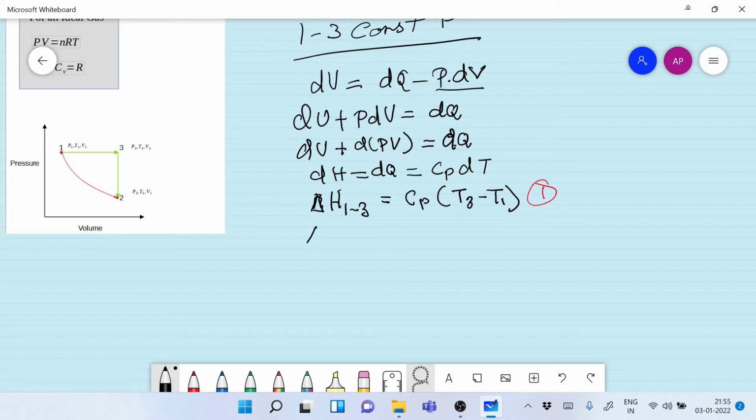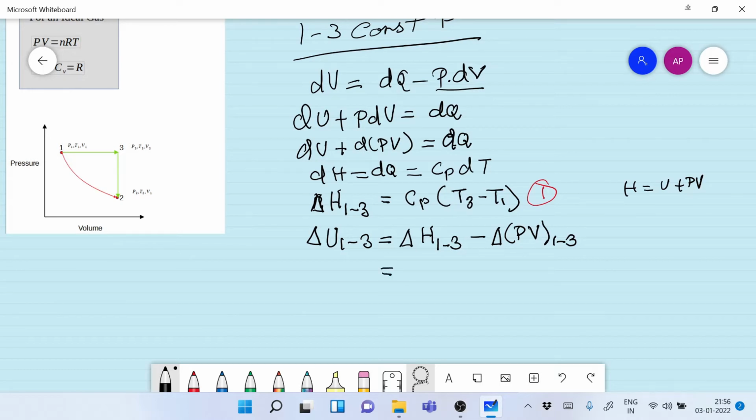Now, the change in internal energy for process 1 3 is equal to the change in enthalpy for process 1 3 minus delta PV for 1 3, since enthalpy is defined as U plus PV.